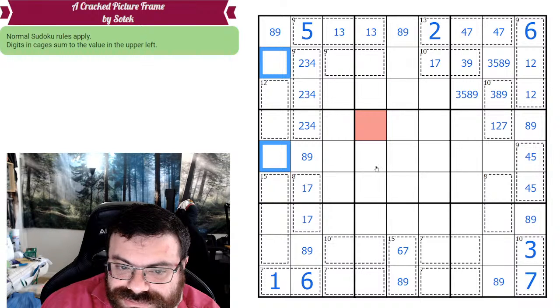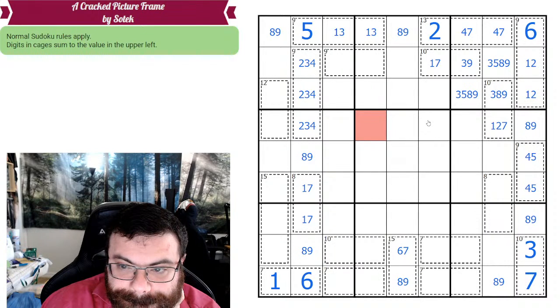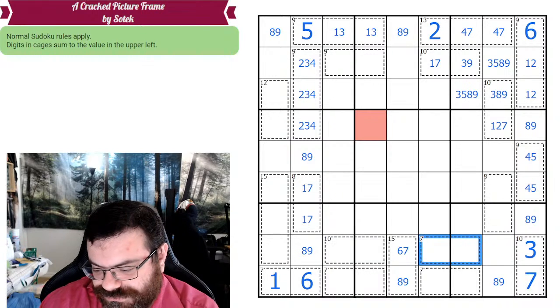7, 3, 6, 4, 5. This is either 1, 6 or 2, 5.